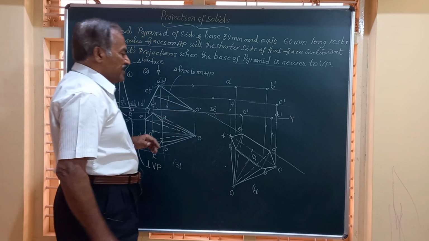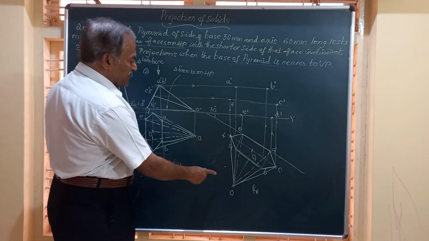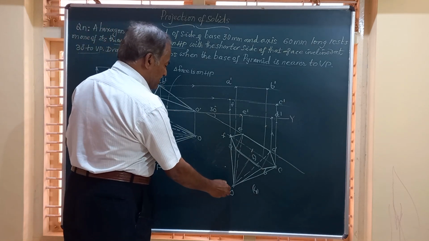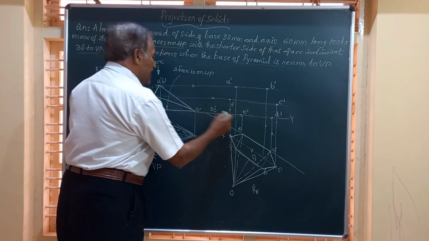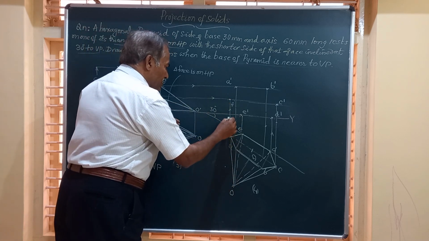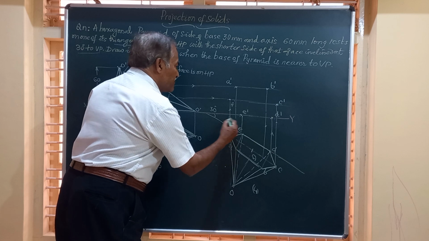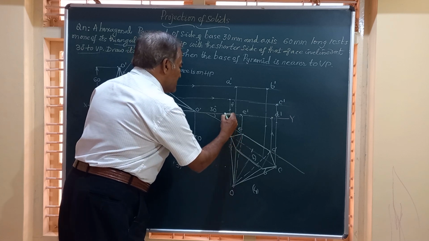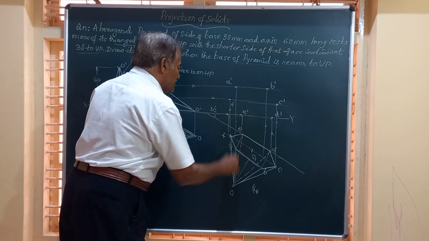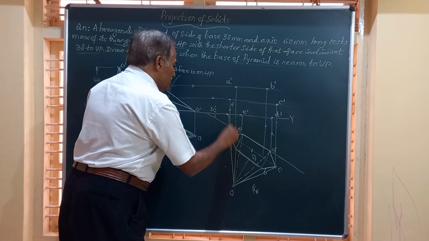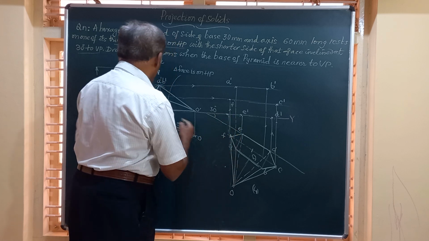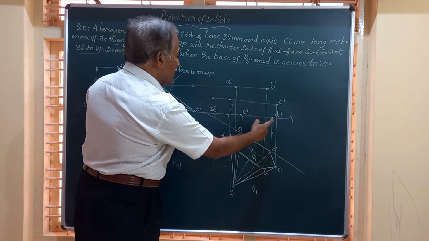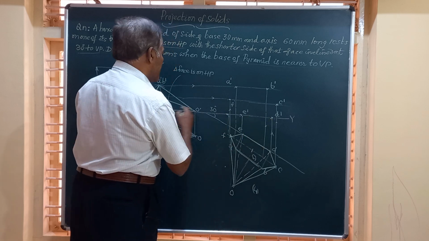Okay friends. Then finally, you are left with O, the vertex. Draw a vertical line from O, a horizontal line from here. Probably they meet somewhere here. So I will just mark it as some point here. That is, this point is D dash, you have got E dash, and that is O dash.